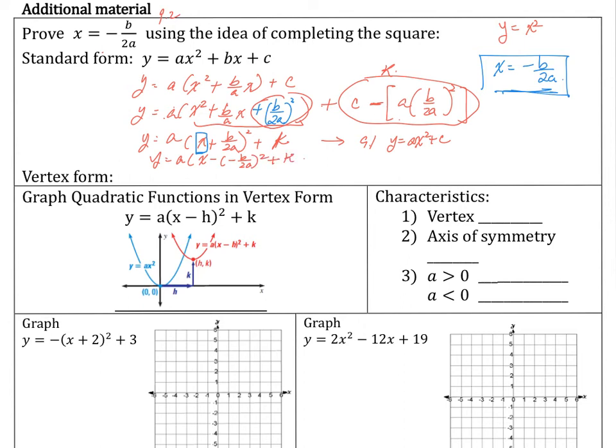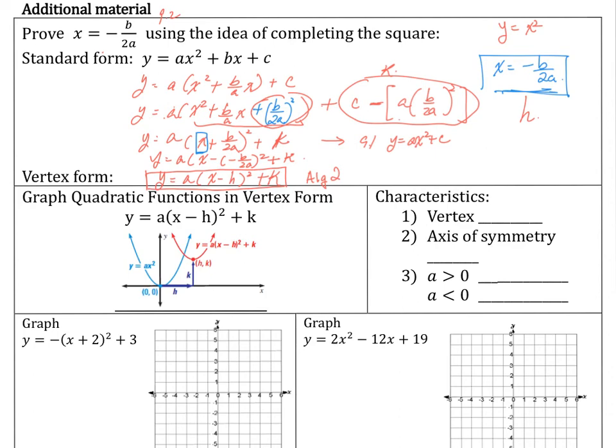And then we can let this be h, and hence the vertex form: y equals a times x minus h squared plus k. This is an extension lesson in your textbook, and you will also learn this in algebra too. But learning this now will help you with graphing quadratic functions faster.